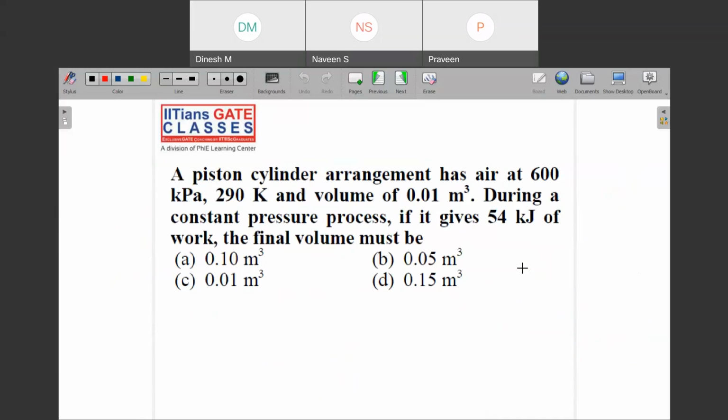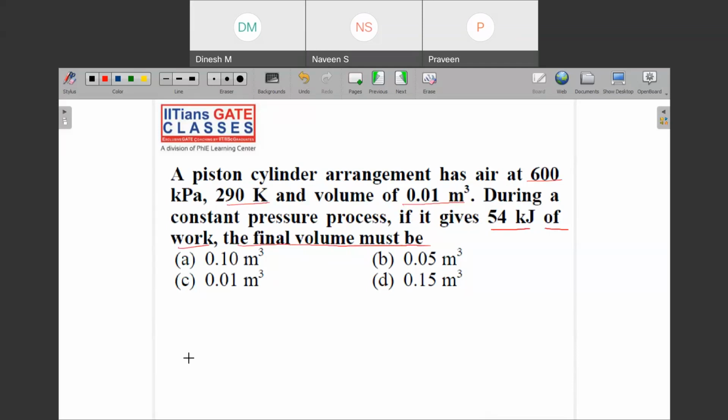What is given to us in the question? It says that a piston cylinder arrangement has air at 600 kilopascal, 290 Kelvin, and a volume of 0.01 meter cube. During a constant pressure process, if it gives 54 kilojoule of work, the final volume must be.